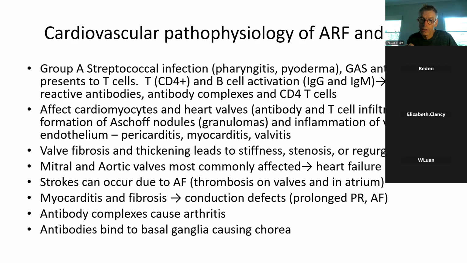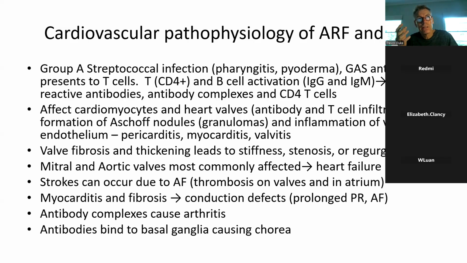As you know, the mitral and the aortic valve are the most commonly affected, and they typically cause left heart failure, don't they? Because of heart failure and usually stretch on the left atrium, then patients can often go into atrial fibrillation, and that can be a precipitant for a child with stable rheumatic heart disease going into heart failure.